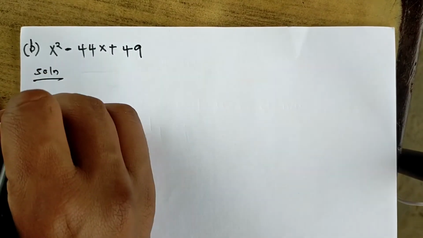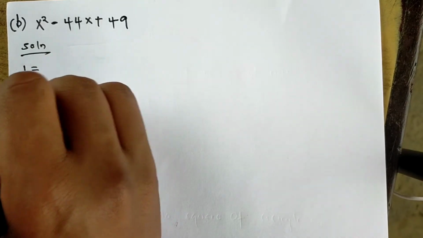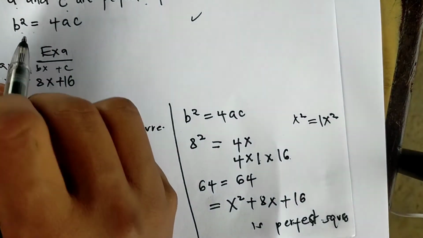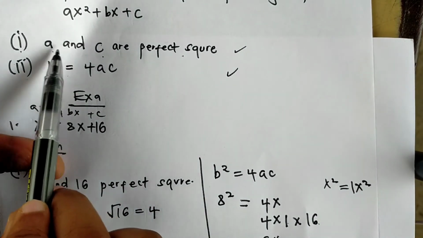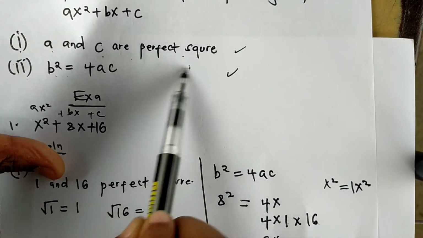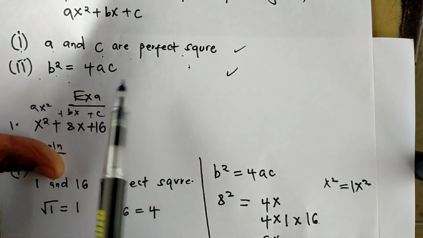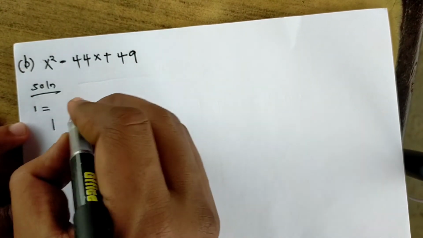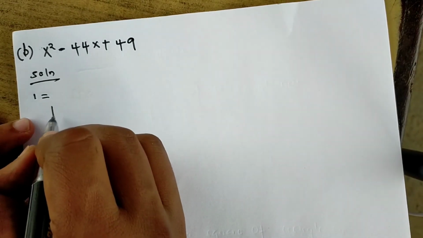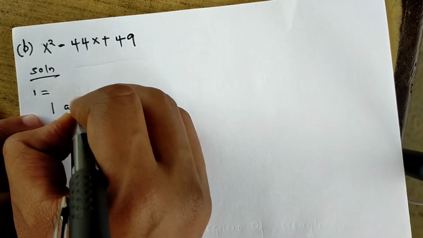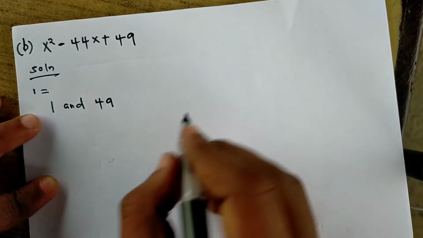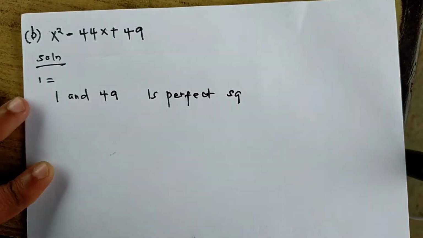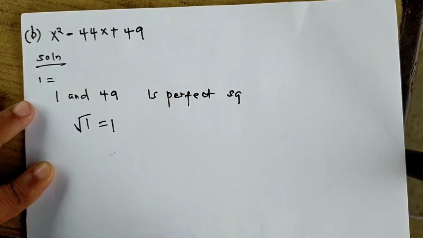Solution. Condition number 1, is it satisfied? If you forget, condition number 1 is that a and c are perfect squares. Number 2, b square is equal to 4ac. So here a is 1, and 1 and 49 are perfect squares. How? The square root of 1 is 1.